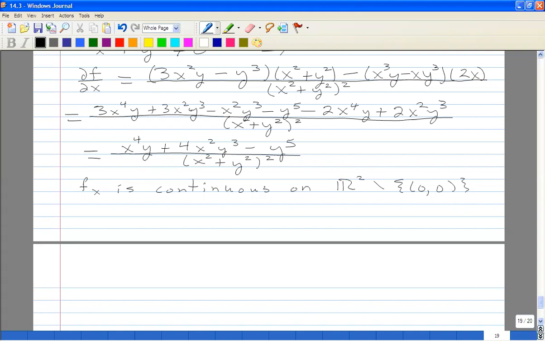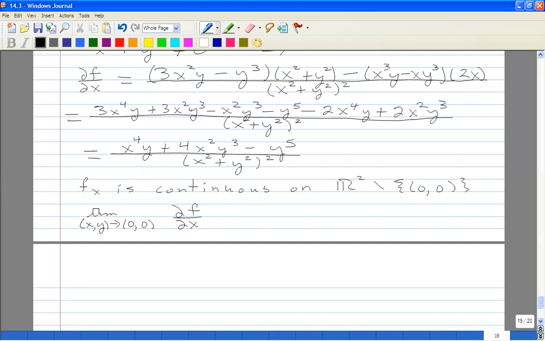And so let's look at the limit as (x, y) goes to (0, 0) of this partial derivative.